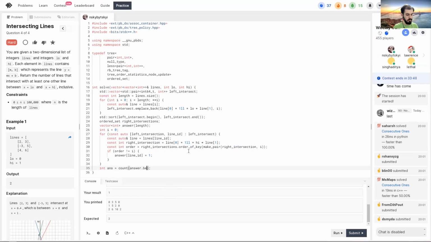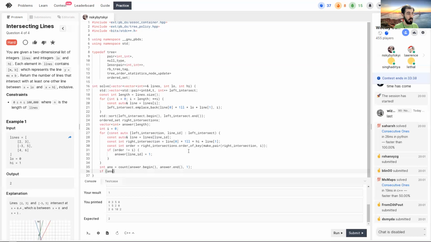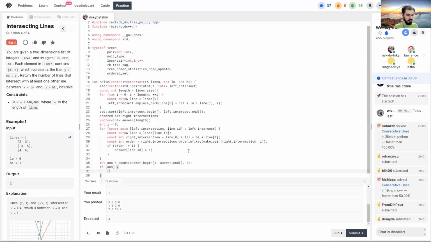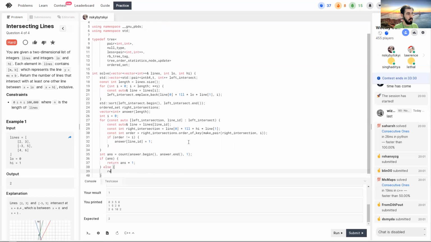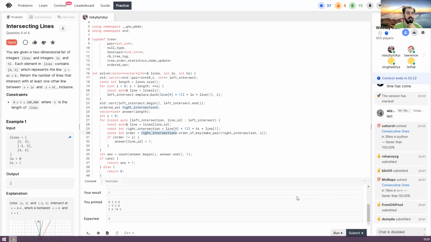Oh, overcomplicating problems. Sorry, guys. What if we just count the number of ones if actually here we can just check whether it's max element or not.